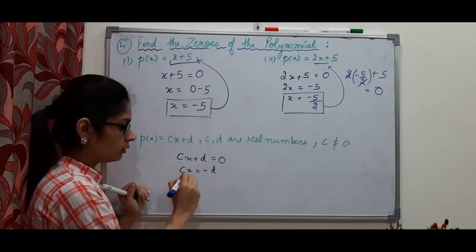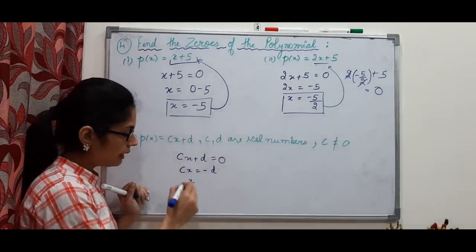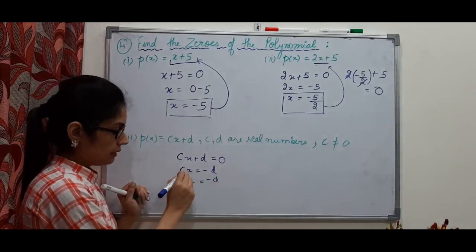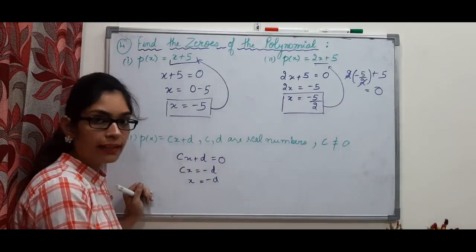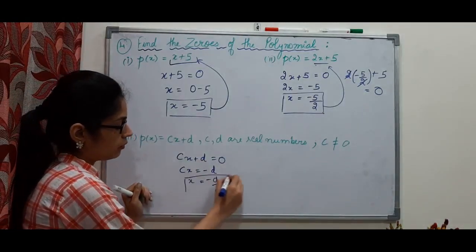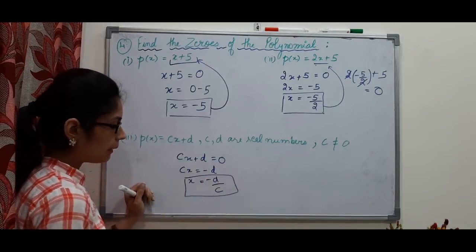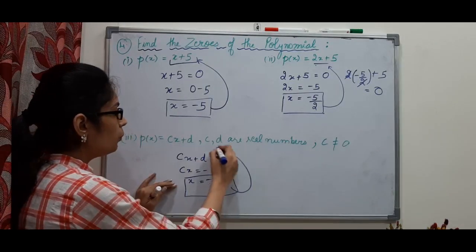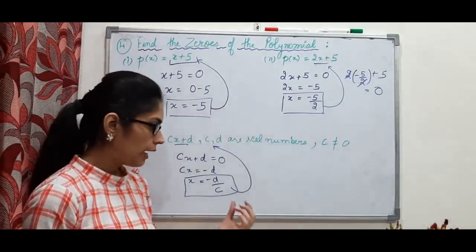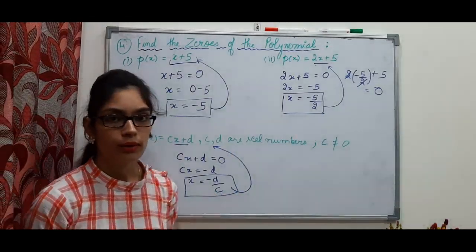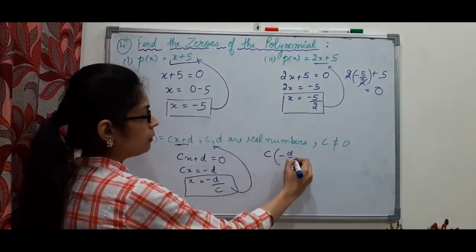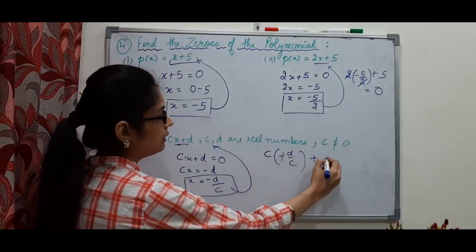So x equals, we need to find the value of x, so c will shift to the other side. So minus d, this c is getting multiplied with x, so on shifting to the other side it will get divided. So I'll get x equals minus d by c. You have to put this value in this expression and see yourselves whether we have found the correct value or not. So in place of x, you can put minus d by c, plus d.